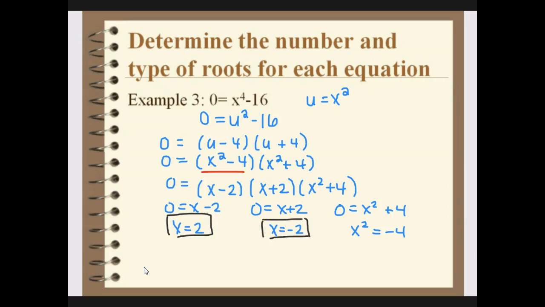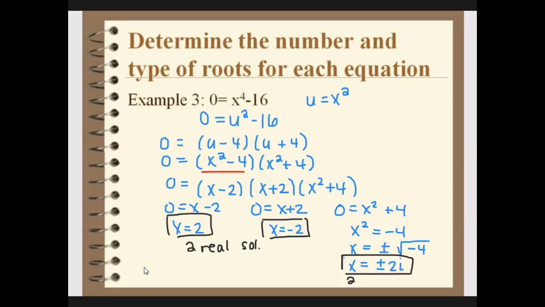So those both represent real solutions, and there are 2 of them. Over here, I have x squared equal to a negative. The minute I have a square equal to a negative, I know that that's going to give me an imaginary. So I get x equals plus or minus 2i.